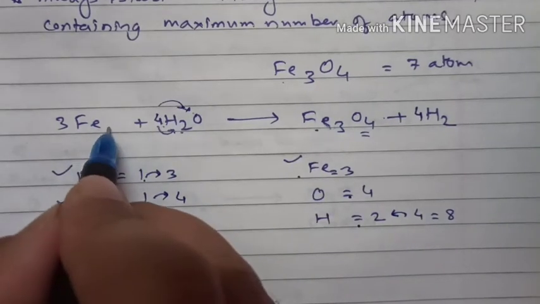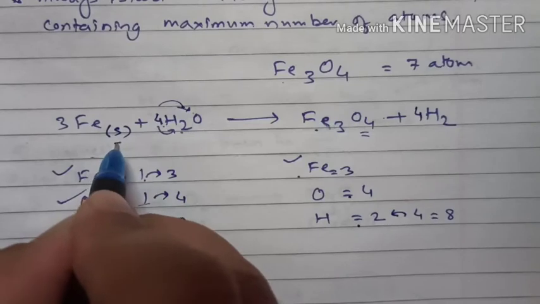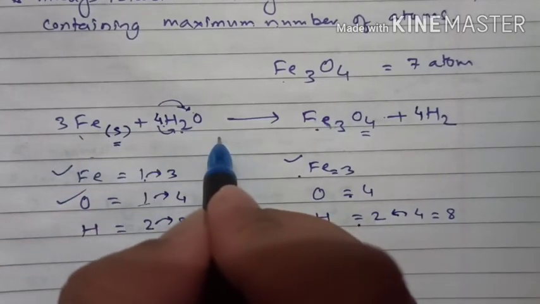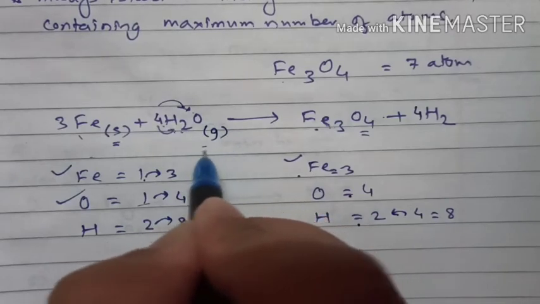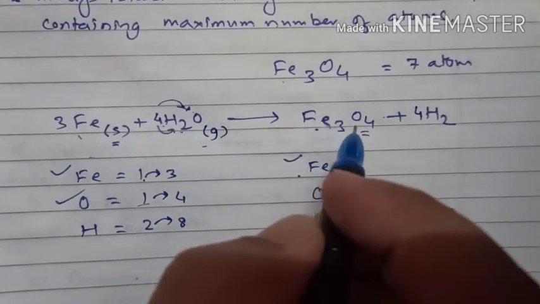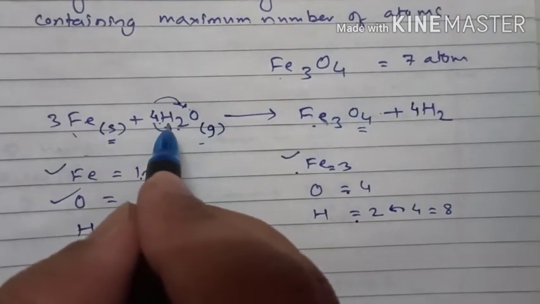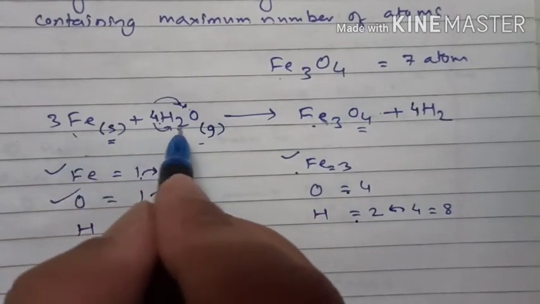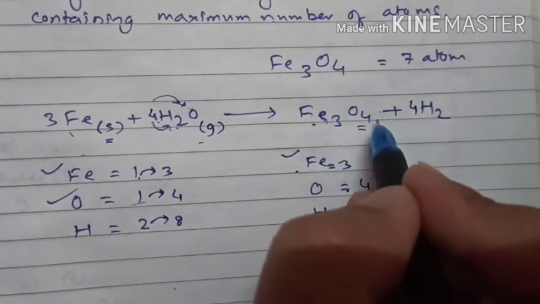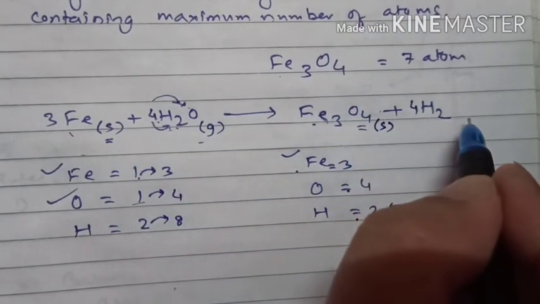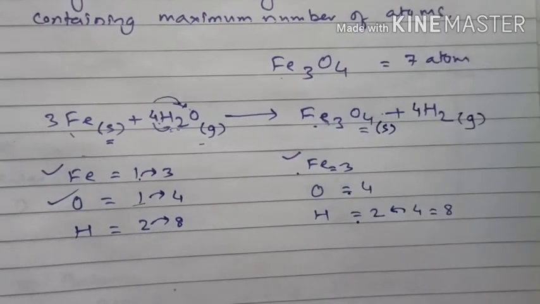One more thing remaining is to state the physical states: Fe is solid and water is gaseous, water vapors, that is steam. We are reacting iron with steam and we get this solid, and hydrogen is gas.